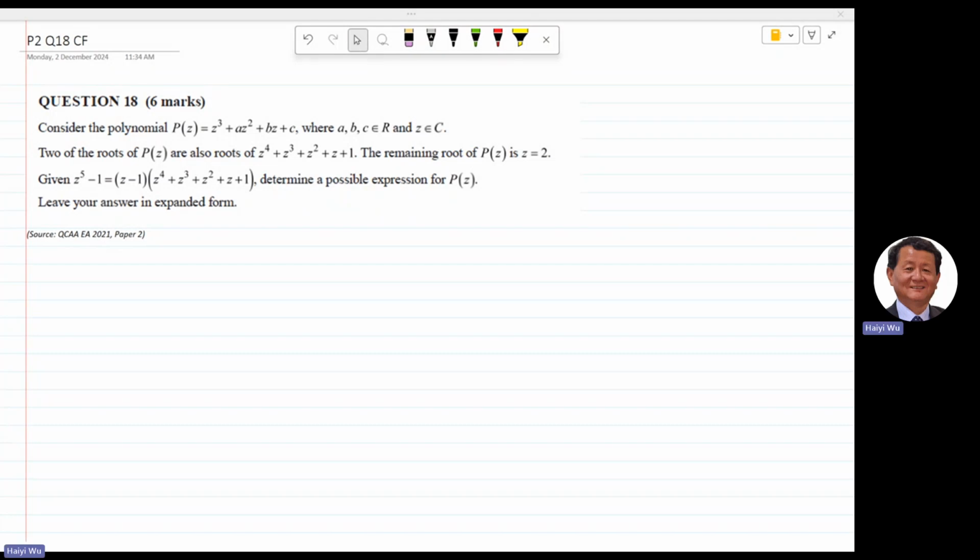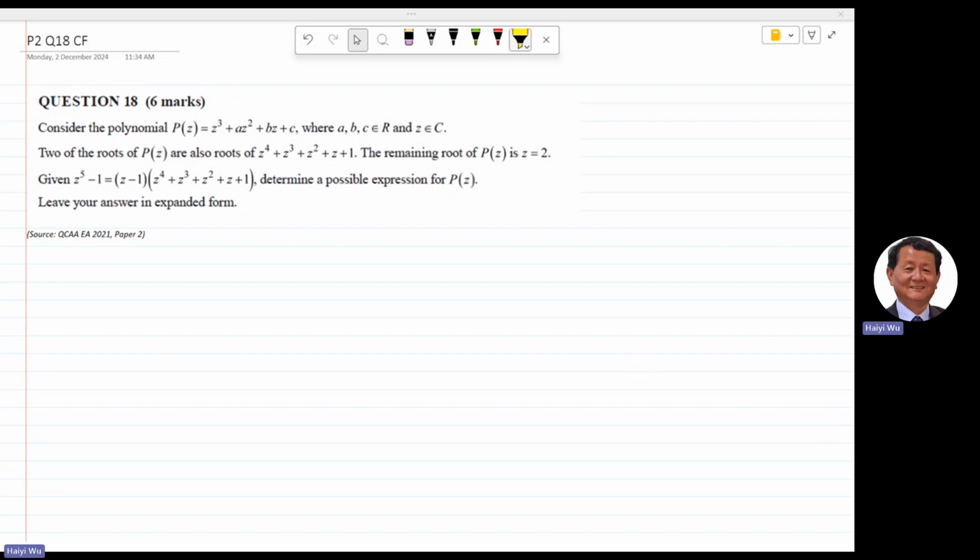So this is complex numbers, Unit 3, complex numbers 2. This question is about solving for roots of a polynomial.